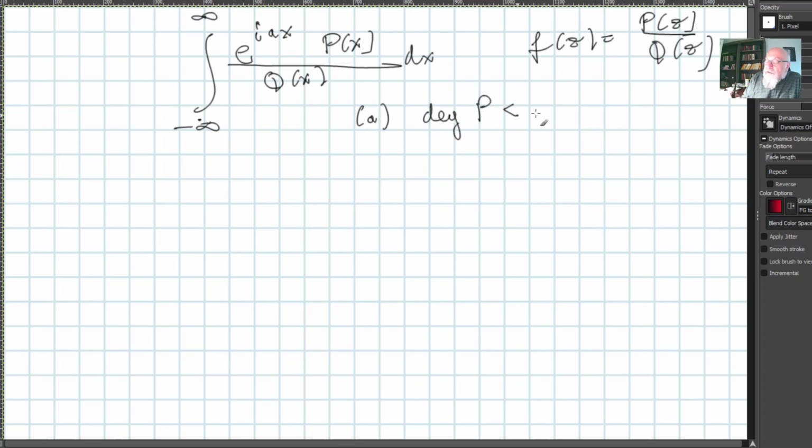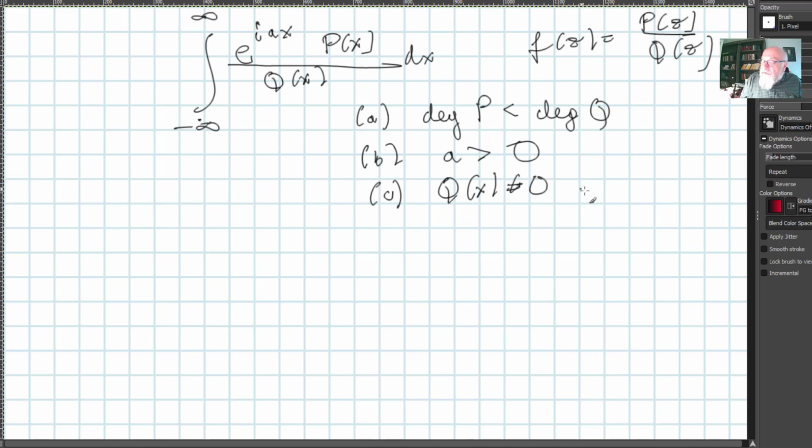The second one is that a is larger than 0, and instead of the third assumption, we say that q of x is different than 0, except for some singular points. Let's say simple poles, and I put it in red because it's important.